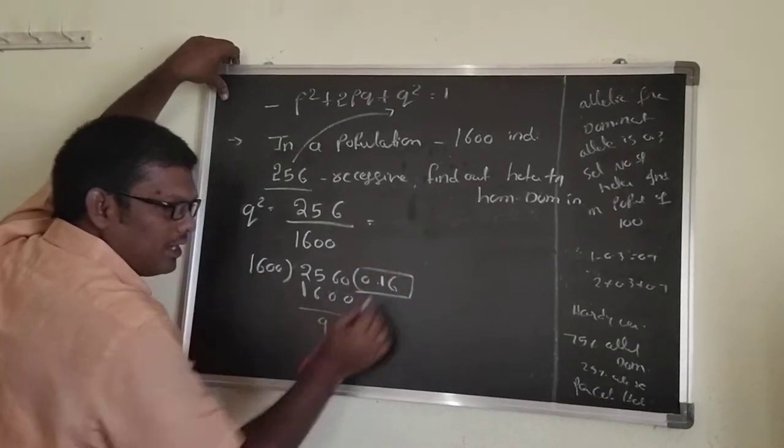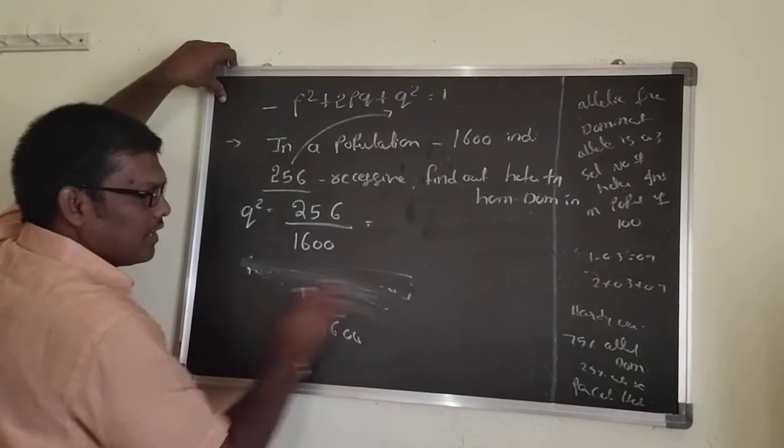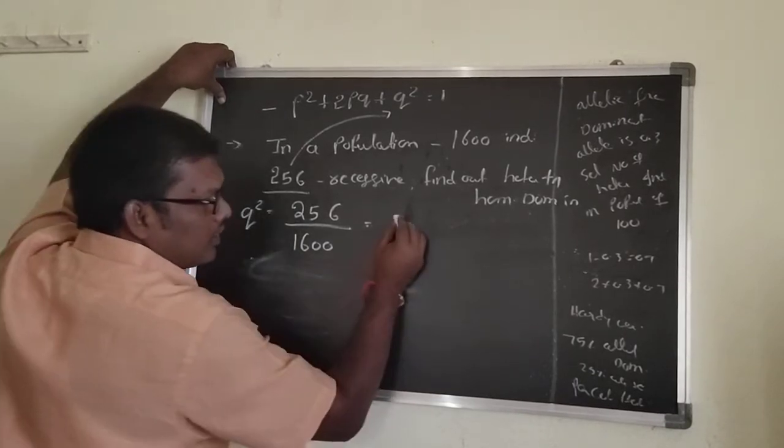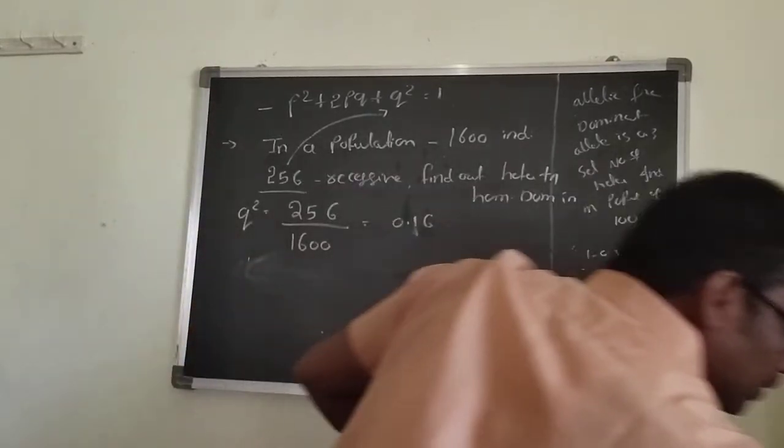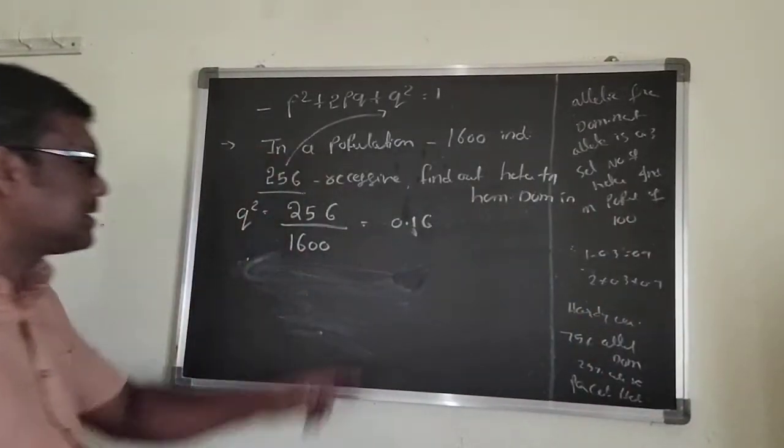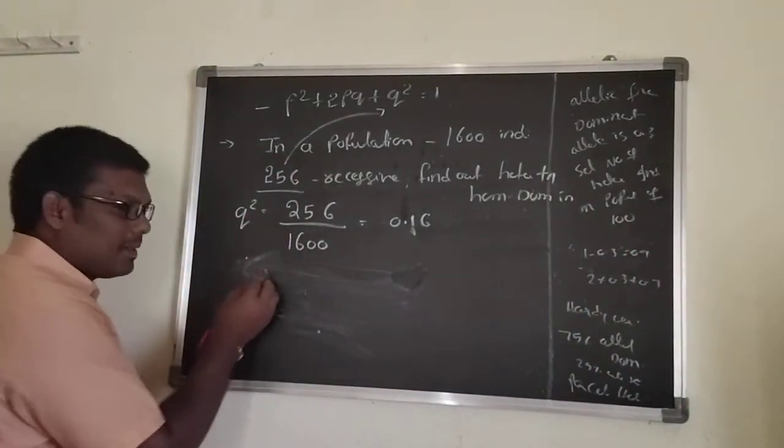You get 0.16. That is the genotypic frequency.